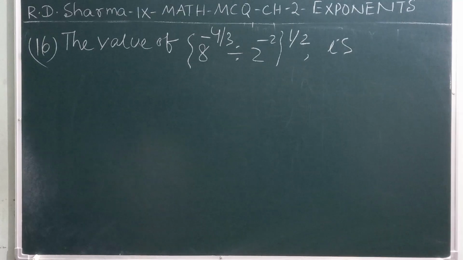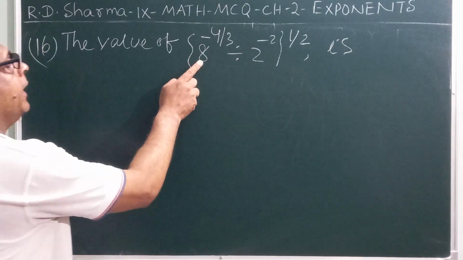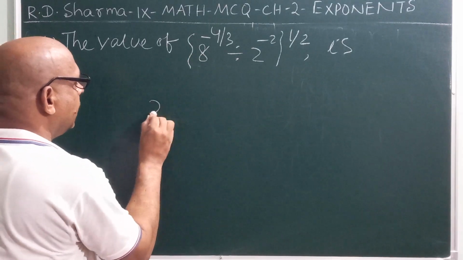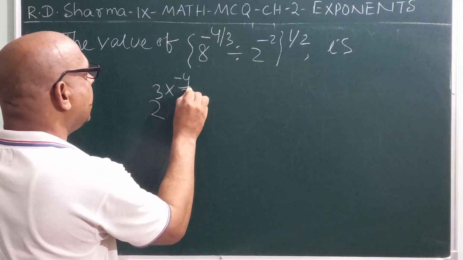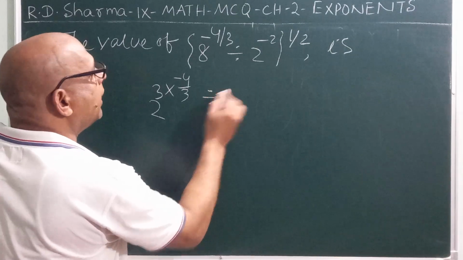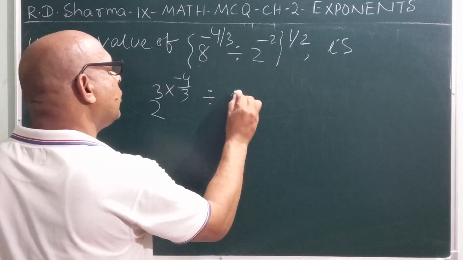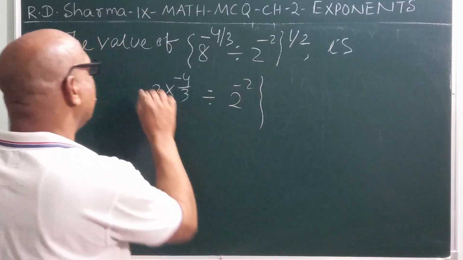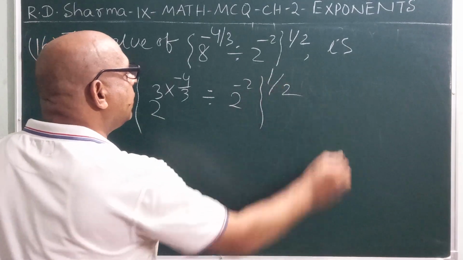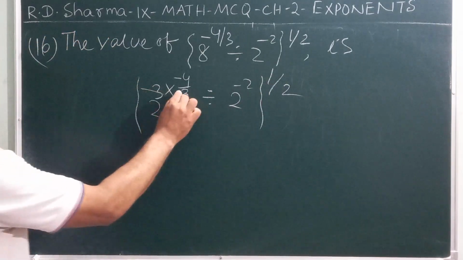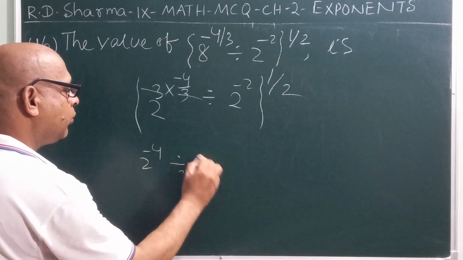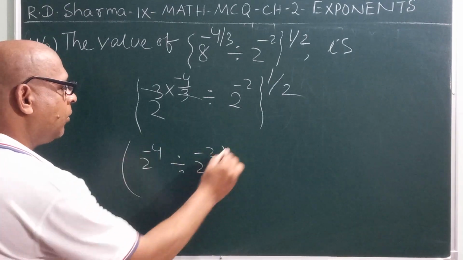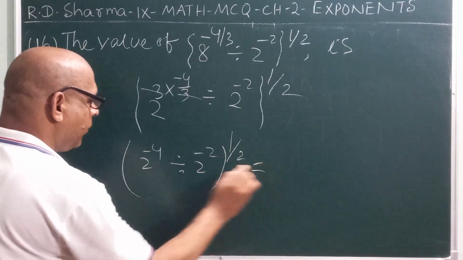Number 16, the value of 8 equals 2 to the power 3 into minus 4/3 divided by 2 to the power minus 2, whole to the 1/2. 3 cancel, 2 to the power minus 4 divided by 2 to the power minus 2, whole 1/2.